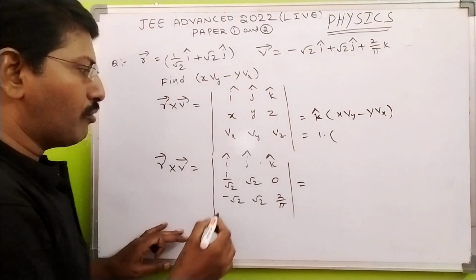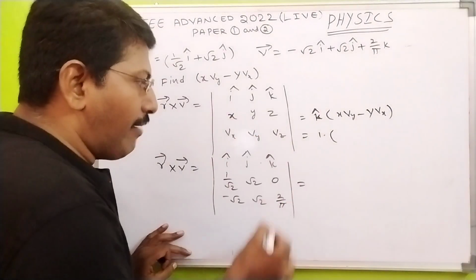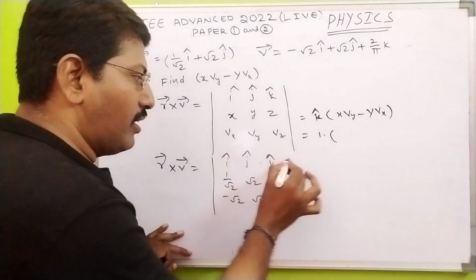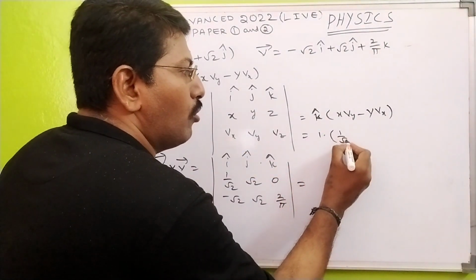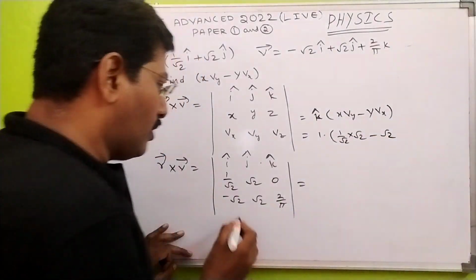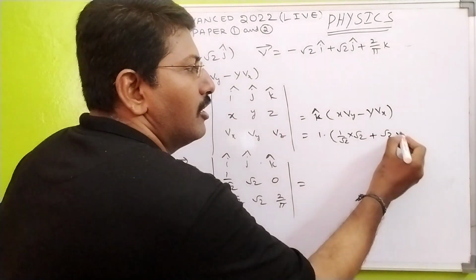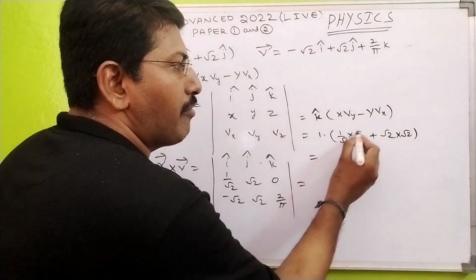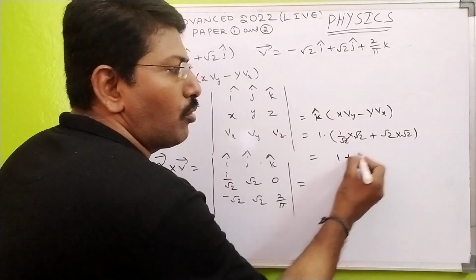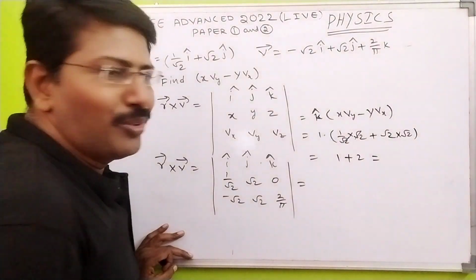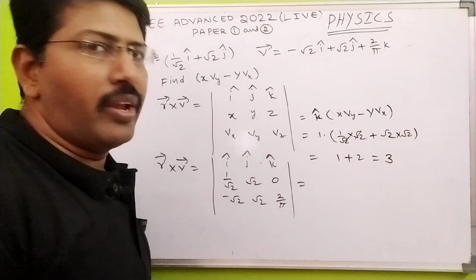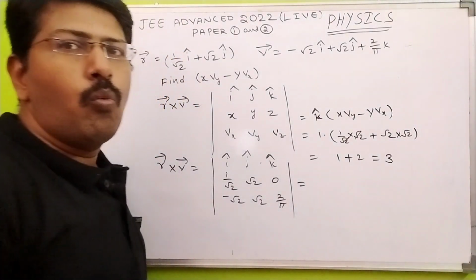Substituting the k value: 1 by root 2 times root 2, minus of minus is plus, this is root 2 times 2 root 2. Simplifying, 1 plus 2 root 2 times root 2, so that value is 3. Your answer is 3. Okay, next I will explain one more problem.